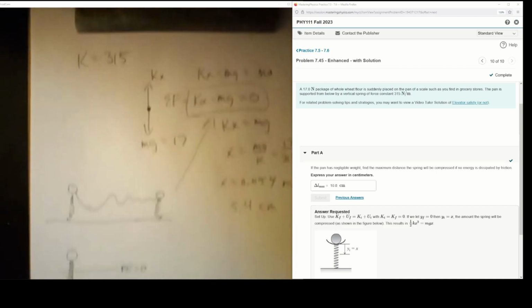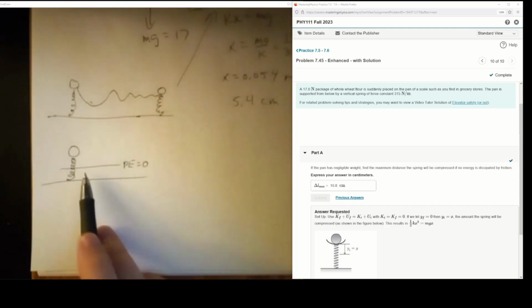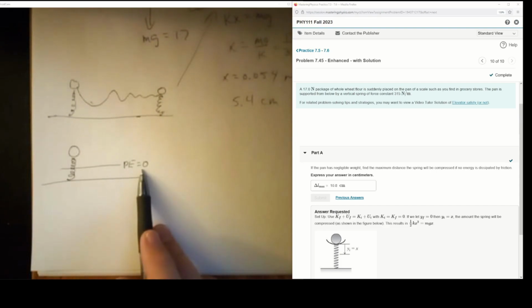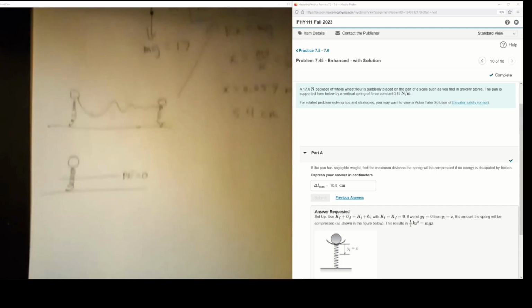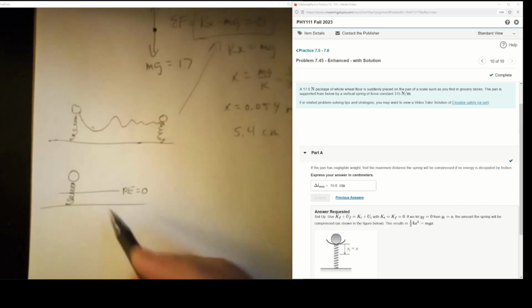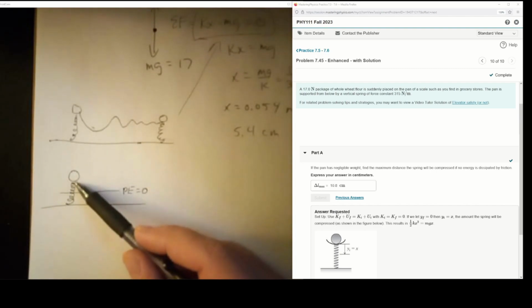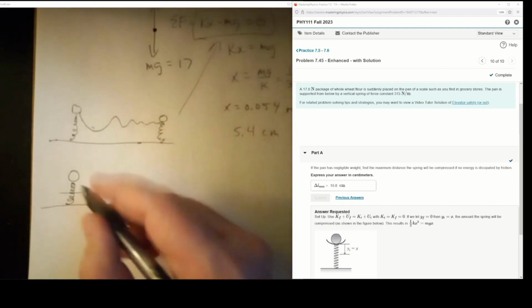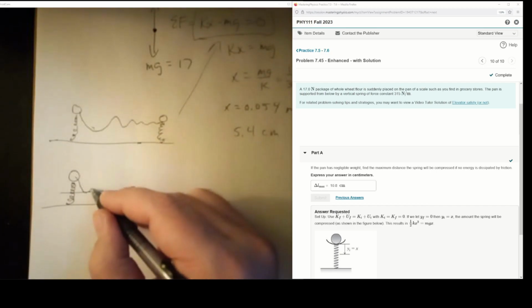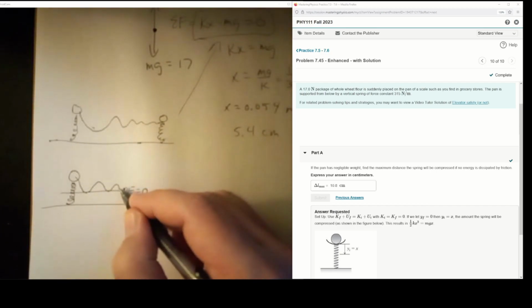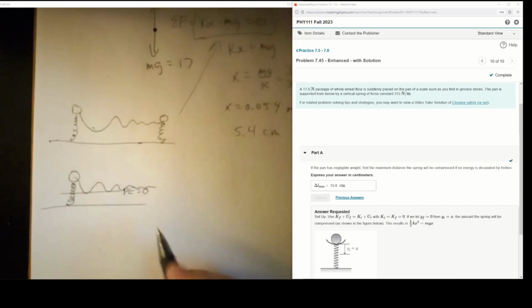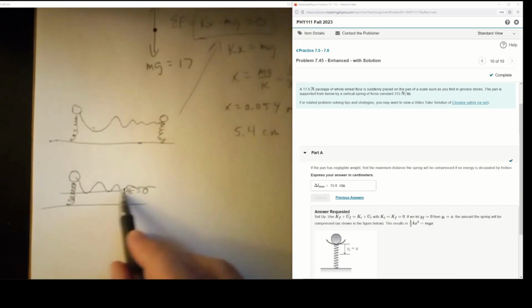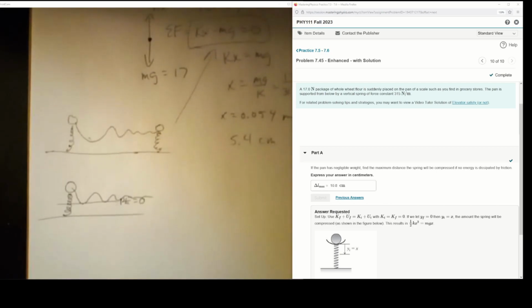If we call that potential, let me show that picture. If we show the maximum compression, if we choose that as being potential energy 0, which is what we're going to have to do to solve this problem, then the spring will compress all the way down here, but then it'll oscillate a little bit until it finds its equilibrium position, which will be a little bit above that lowest point.